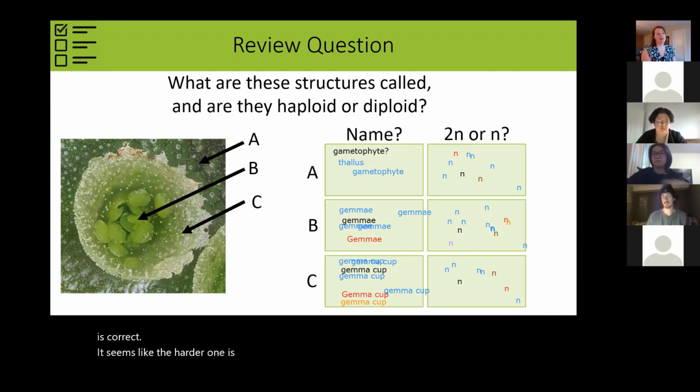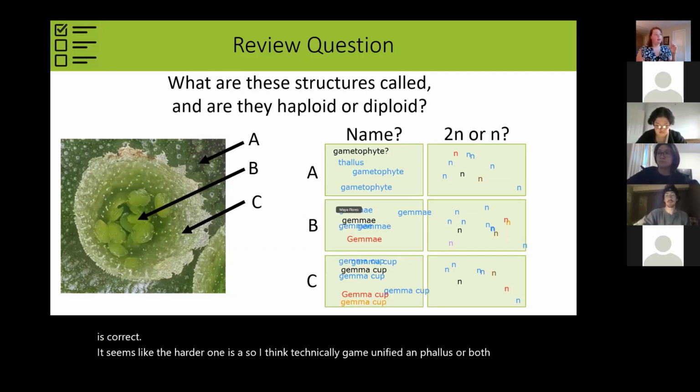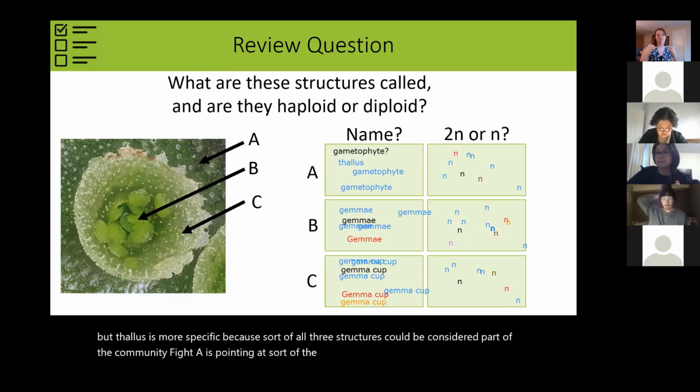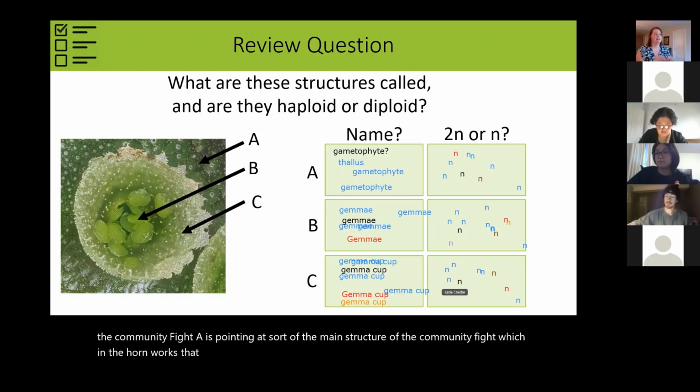So I think technically gametophyte and thallus are both correct, but thallus is more specific because all three structures could be considered part of the gametophyte. A is pointing at the main structure of the gametophyte, which in the liverworts that we've been talking about is the thallus.